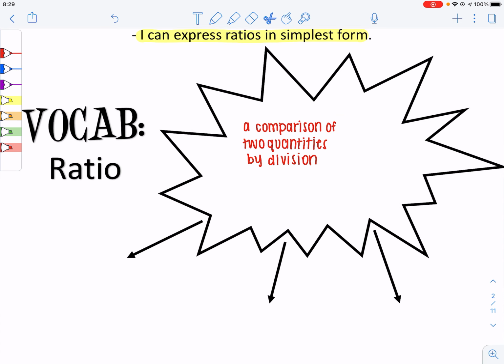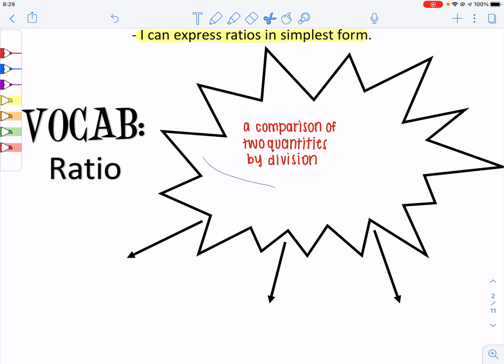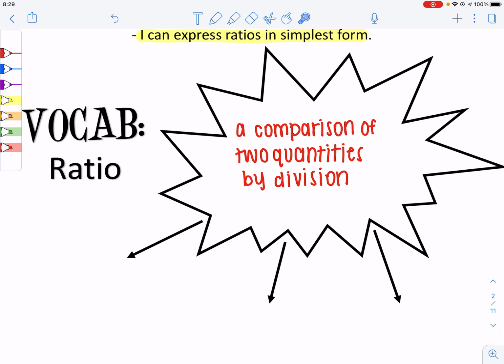And similar to when we talked about rate of change in our last unit, when you're talking about a ratio, you're just comparing two different things. Rate of change is also this as well. You're comparing it using division.